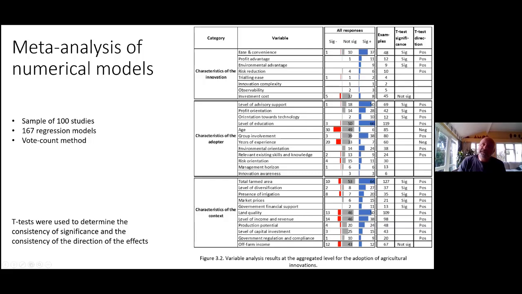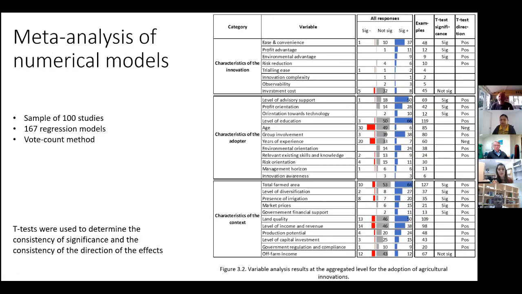So what the last two columns indicate: if it says significant, it means that the ratio of statistical significance over non-significance is consistent, so the variable is consistently found significant. The last one is the direction, whether it was consistently found to have a positive or a negative effect, or none.